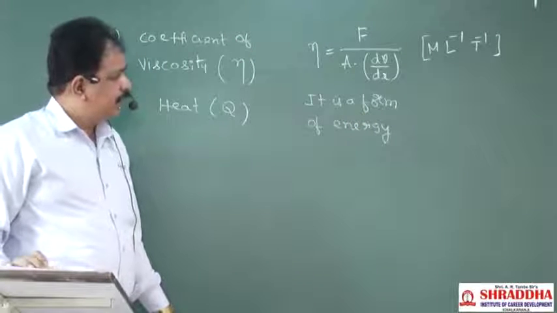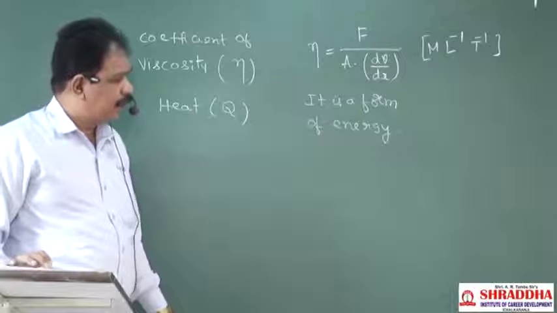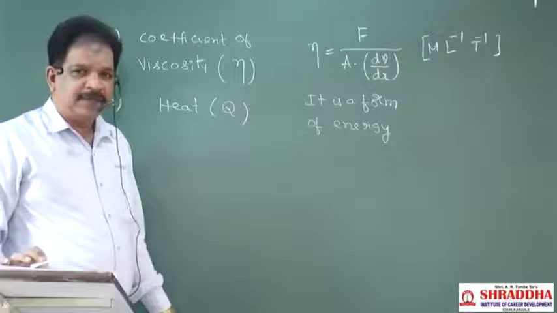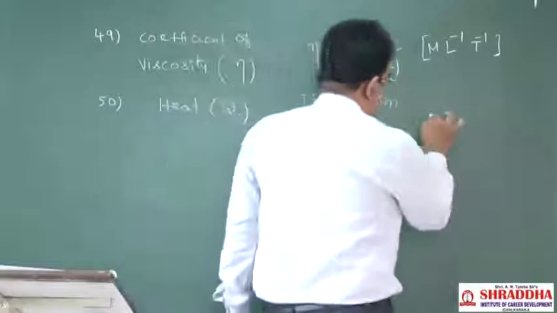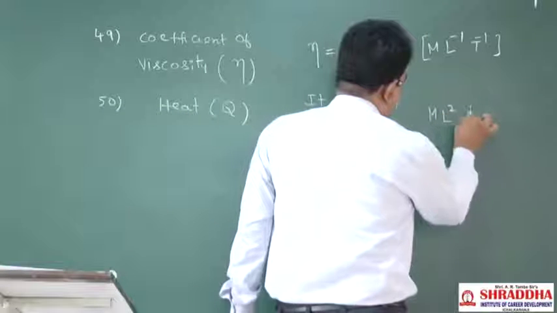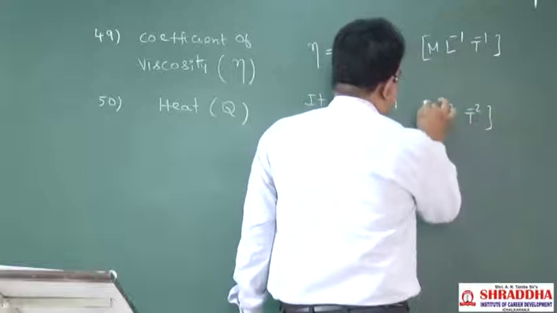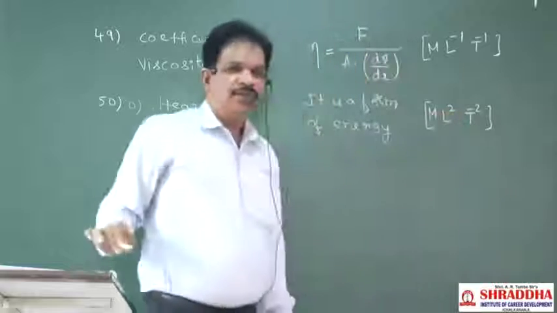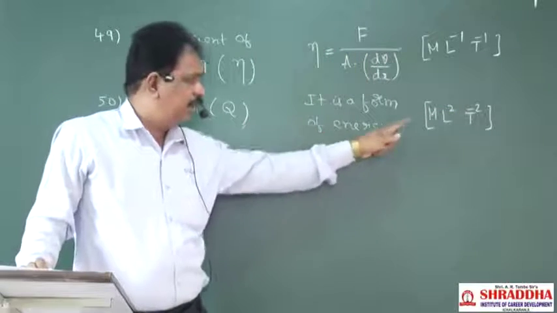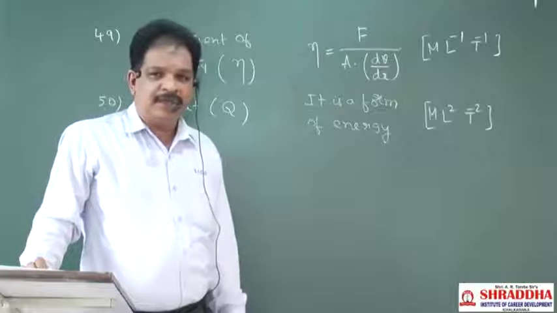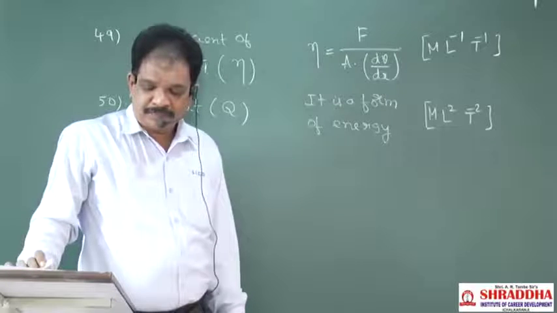So energy dimensional formula is what? The same dimensional formula will be there for heat also. So this value is M L square T power minus 2. Dimensional formula of heat will be M L square T power minus 2.